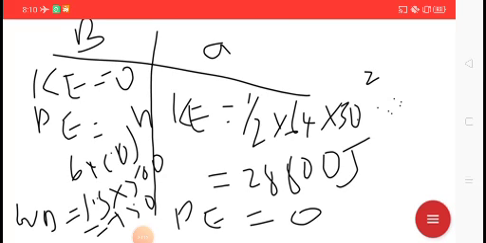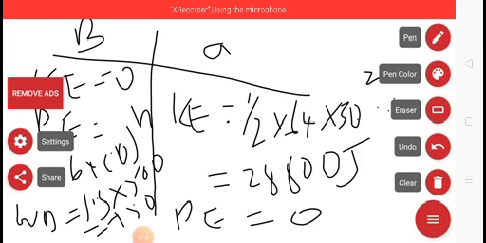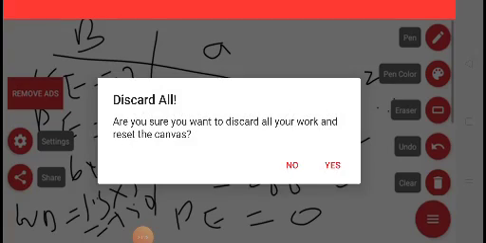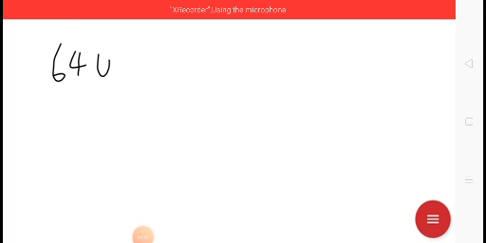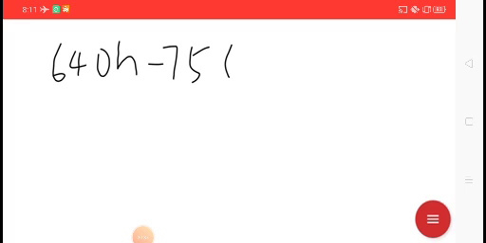So you can see that the work done along the way, to overcome or add on, we will put at the left hand side. So on the right hand side you only have KE and PE, right? So these are the things that you need to consider. Once you have this, then you can form your conservation of energy equation. So you have 640h, the mgh, and minus 750.